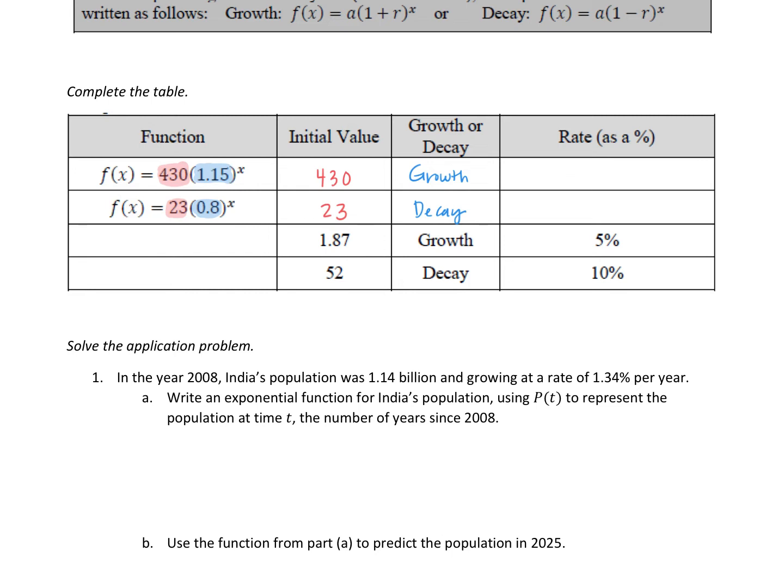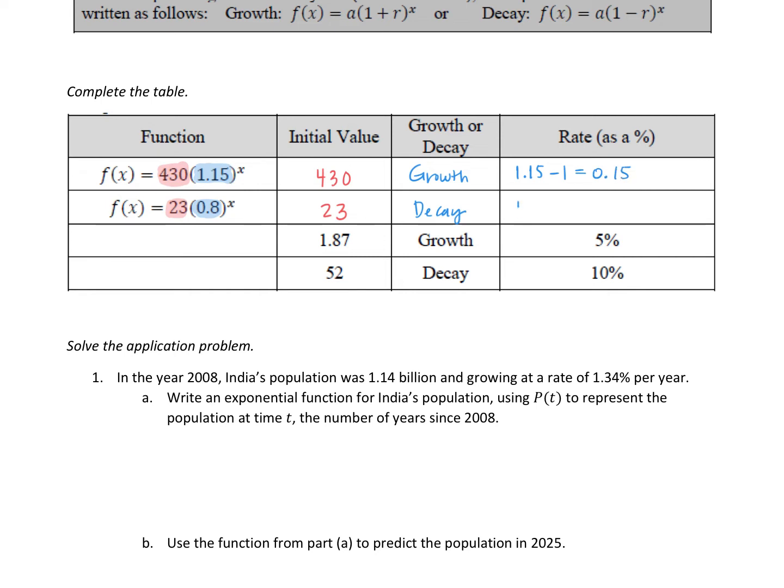And then you can find the rate of growth or the rate of decay by subtracting from 1. So you would do whatever's in the parentheses. If it's larger than 1, then just subtract 1 from it. So 1.15 minus 1 is 0.15.